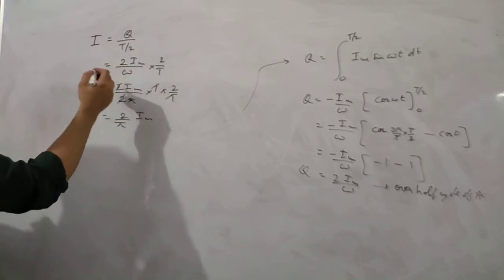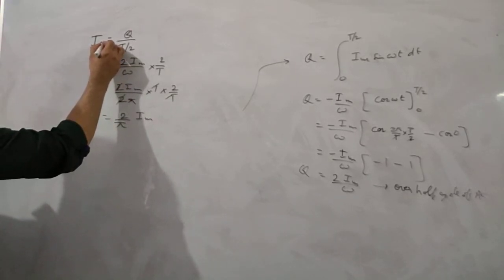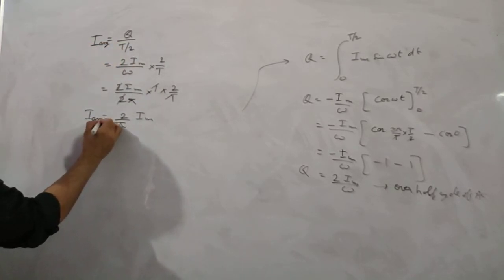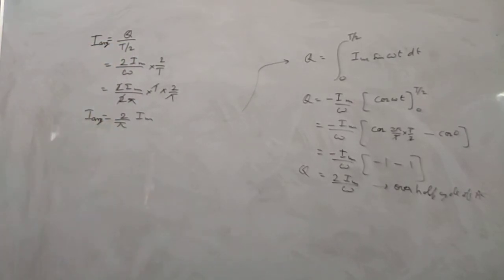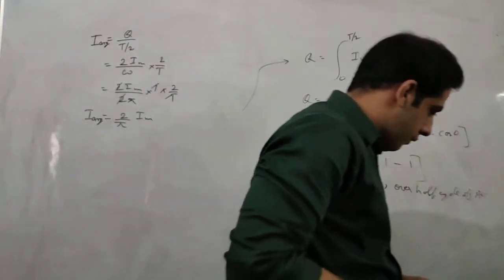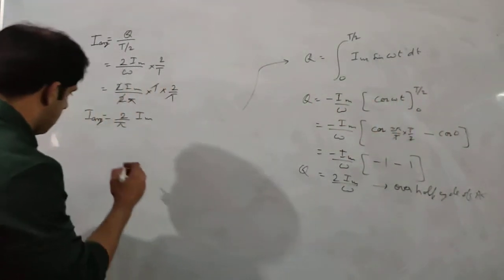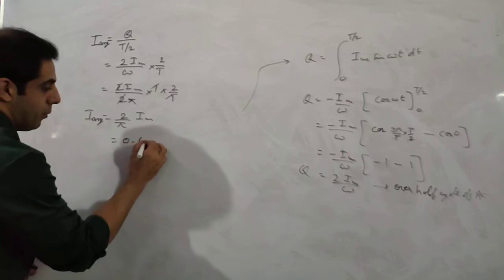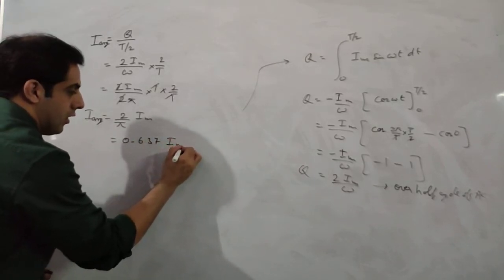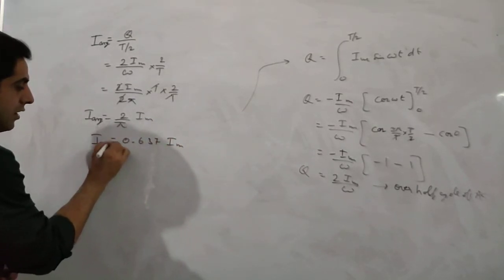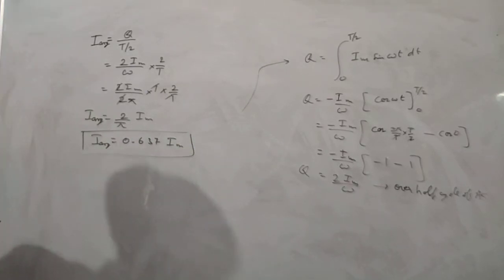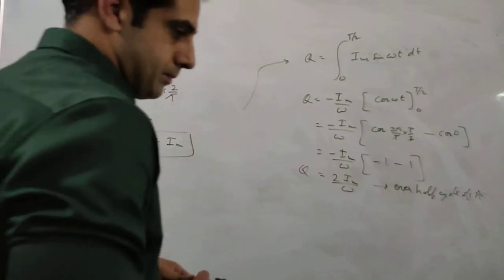So the average current, we will denote as I average, is equal to 2 by pi Im, and the value of 2 by pi is 0.637 of the peak value. That means the average value of current over half cycle is 0.637 of the peak value of current.